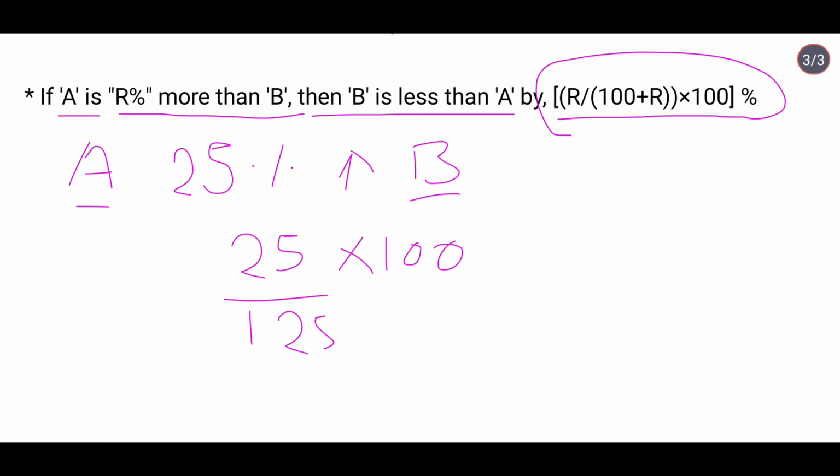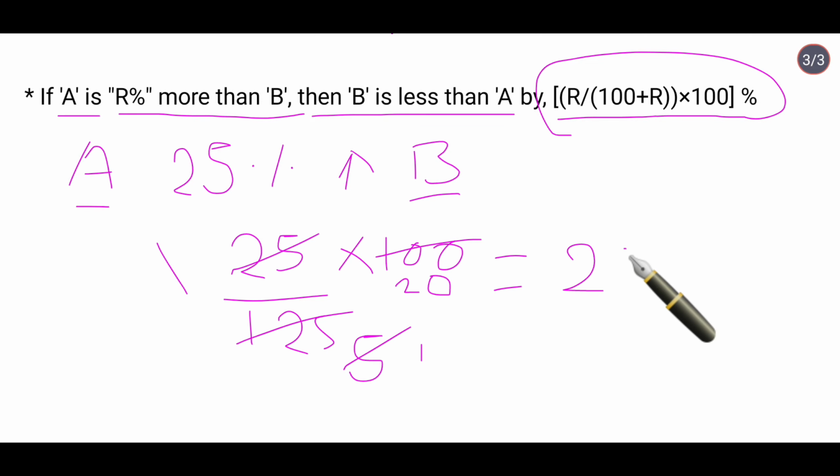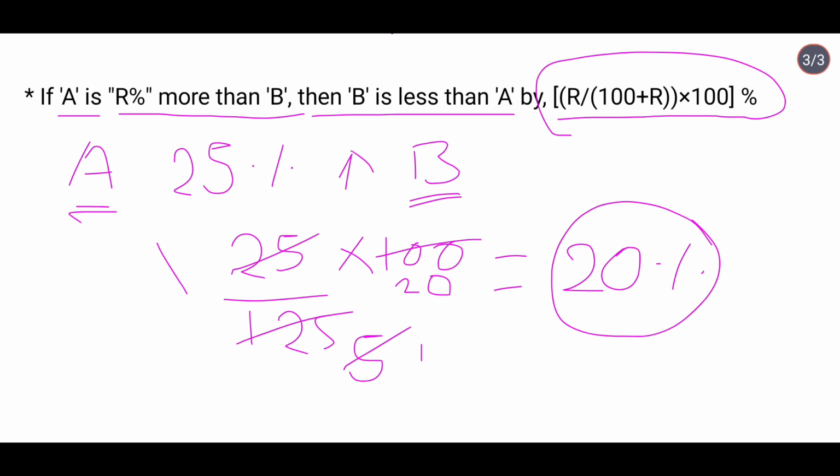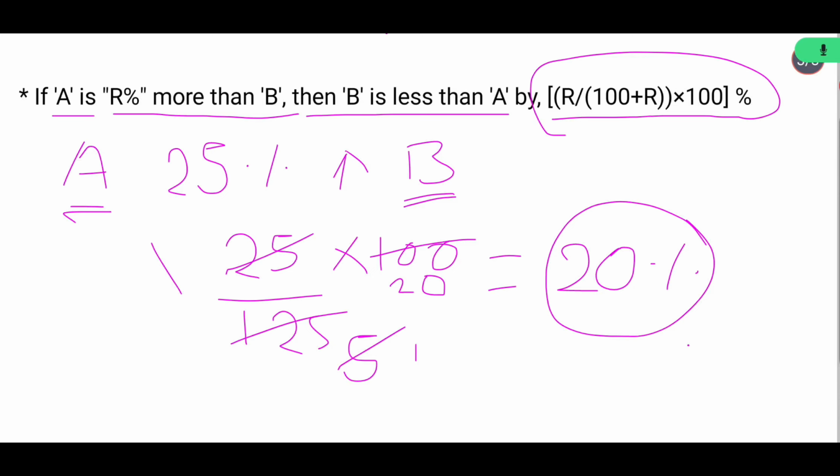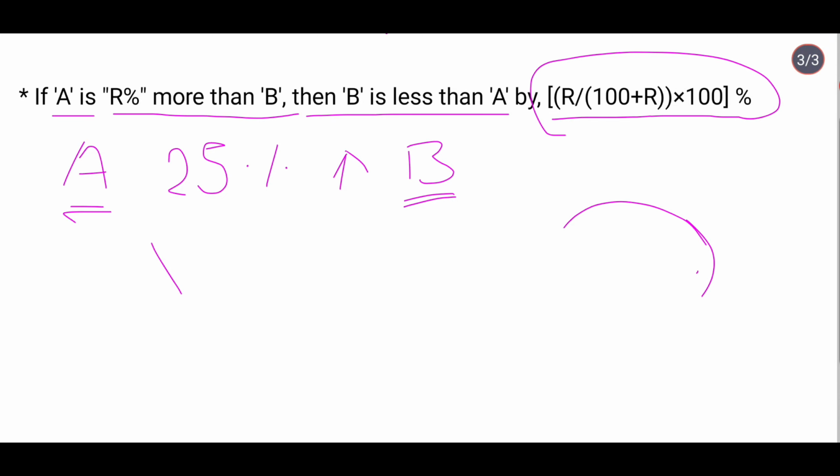So here 25 ones are 25, 5 ones are 5, 5 twos are 10, 5 twenties are 100. So 20%. Here we can conclude that B is less than A by 20%. Okay, I will explain this by substituting the values.